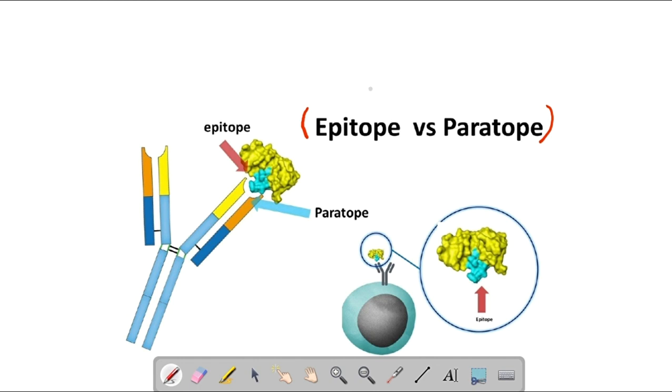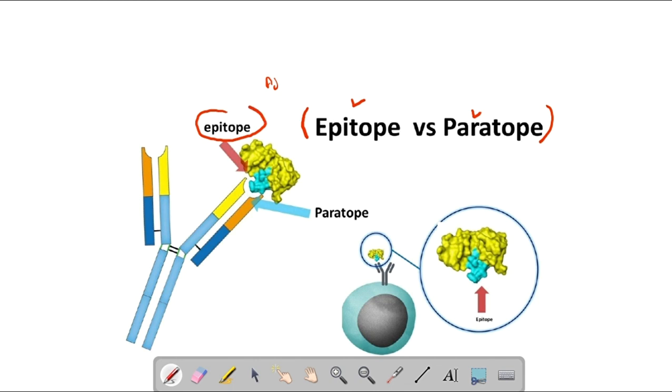Here in this figure we will understand epitope versus paratope. This diagram will depict the difference between them. Sometimes students remain confused about the difference between epitope and paratope, so from this figure we will try to understand it.